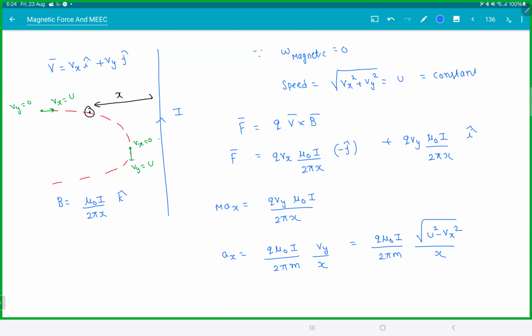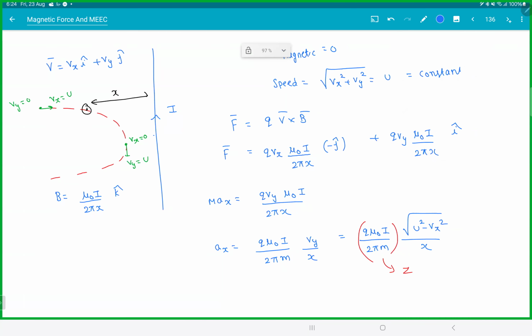Right? And what is ax? v dv by dx. So I'll do one thing. This whole term here, let's simply call it z. Now this guy will be ax is v dvx by dx is equal to z root over u square minus vx square by x.